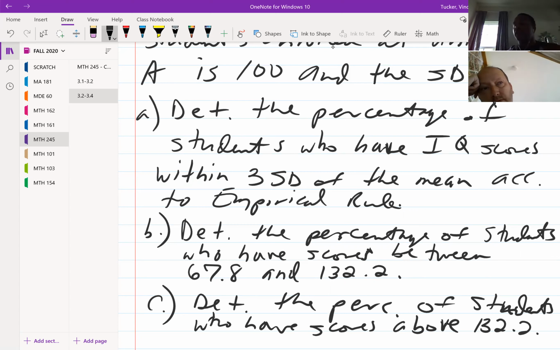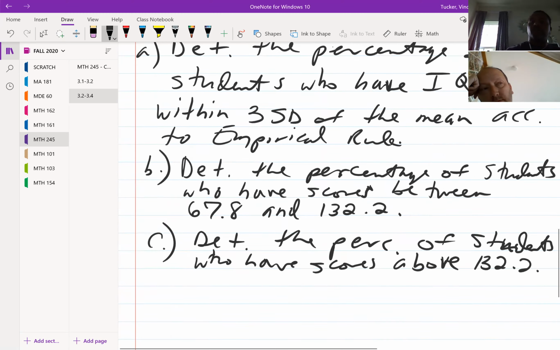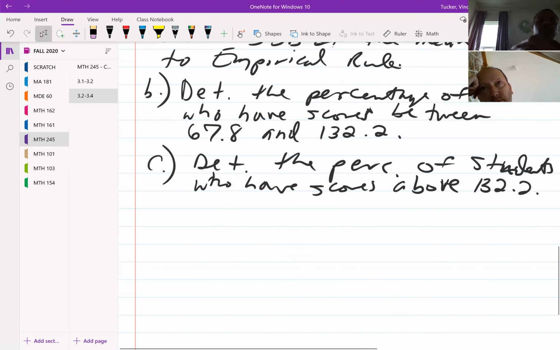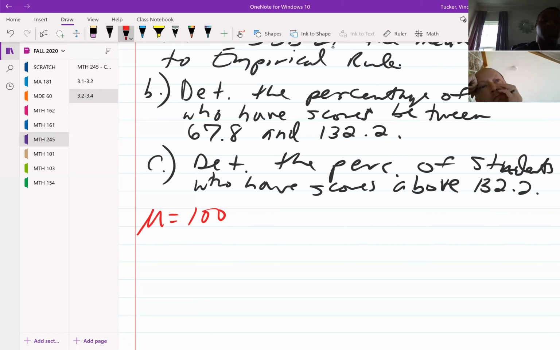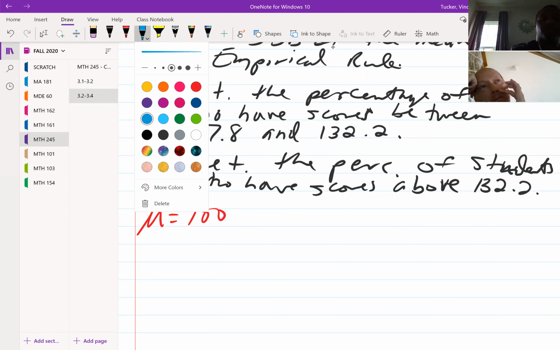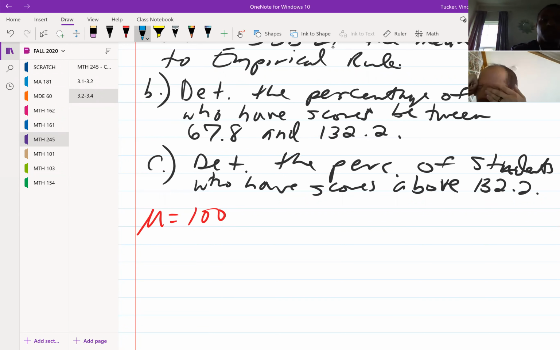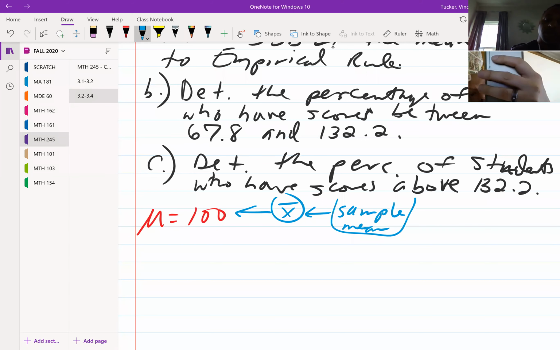All right, so I'm going to scroll up a little. All right, so our mean was 100. And also don't forget notation. If we were dealing with a sample, we would use X bar. So don't forget your notation.